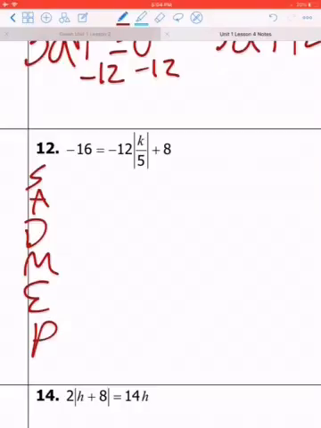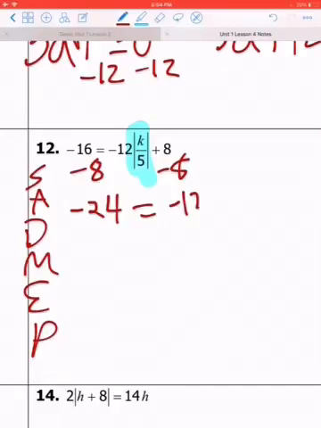So when we're isolating this absolute value, you definitely want to subtract or add first. Okay? So let's subtract 8. Negative 16 minus 8 is negative 24. Okay? And that equals negative 12 times the absolute value of k over 5.